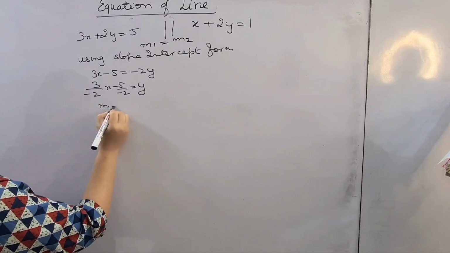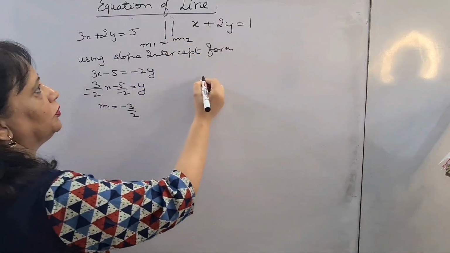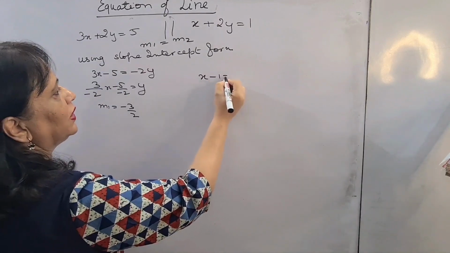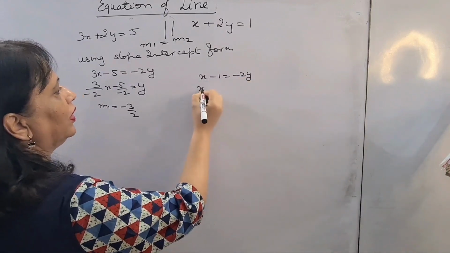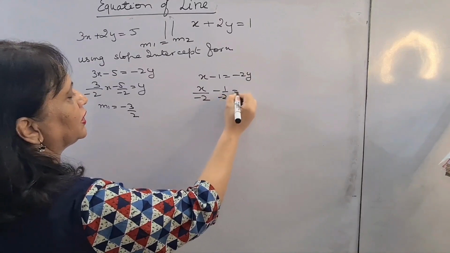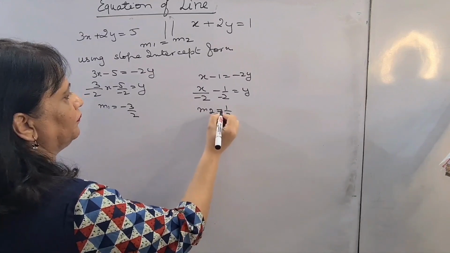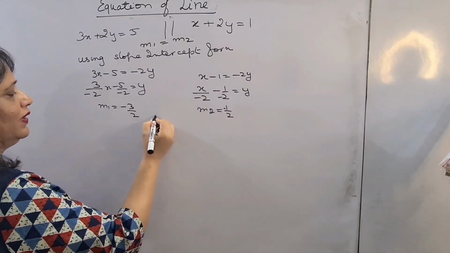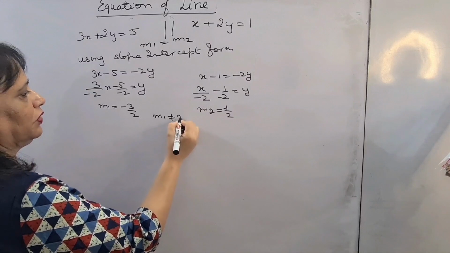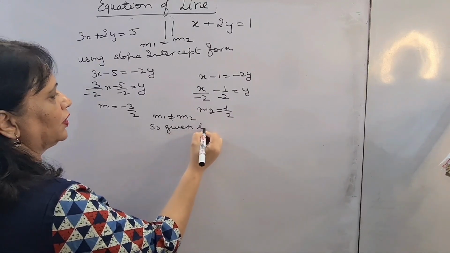So m1 is minus 3 by 2. Similarly, second equation also, x minus 1 is equal to minus y, or x upon minus 2 minus 1 upon minus 2 is equal to y. So m2 is equal to minus 1 by 2. You can very well see that m1 is not equal to m2, so given lines are not parallel.